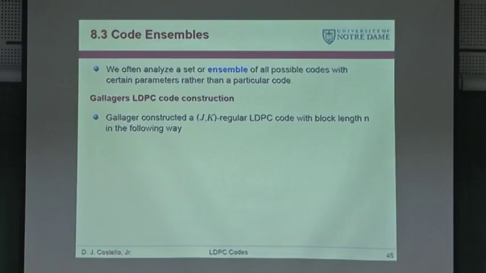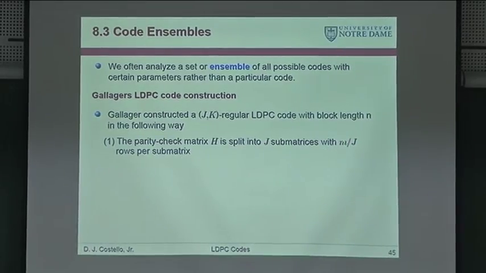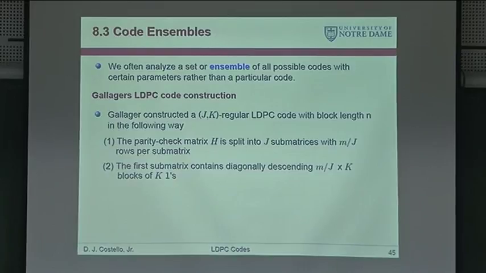Okay, so Gallager constructed a (J,K) regular LDPC code ensemble with block length n in the following way. The parity check matrix he split into J submatrices, with M over J rows in each submatrix. M is the total number of rows in the H matrix. Again, we use M here rather than n minus k for the number of rows in the H matrix because when we do these random type constructions, we might get redundant rows, so the number of rows could be a little bit more than n minus k.